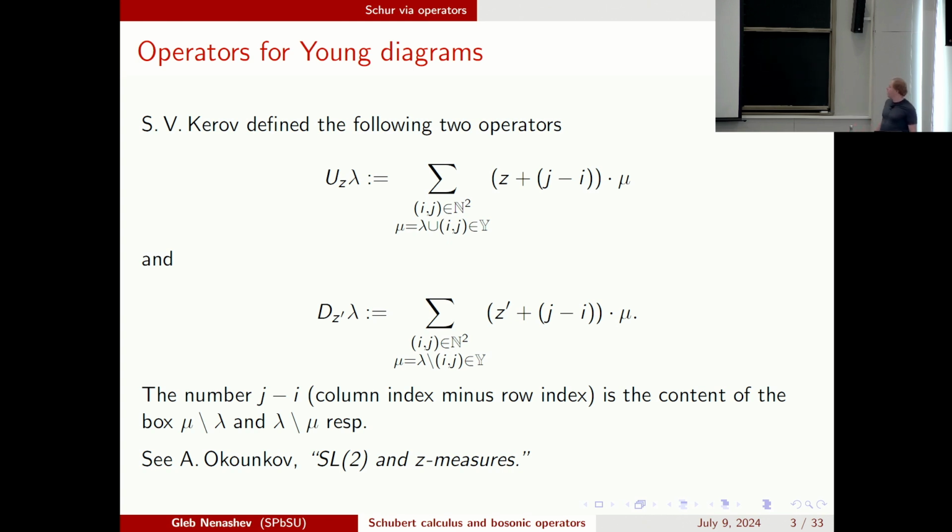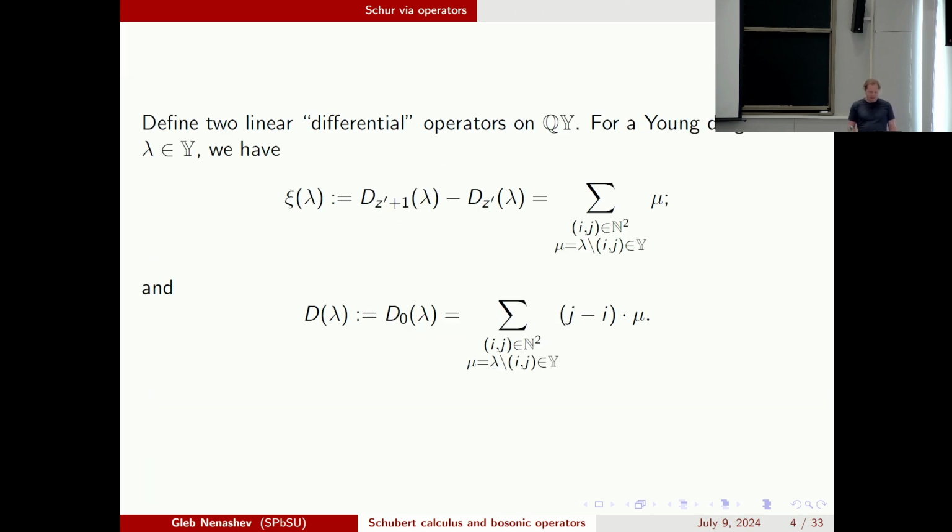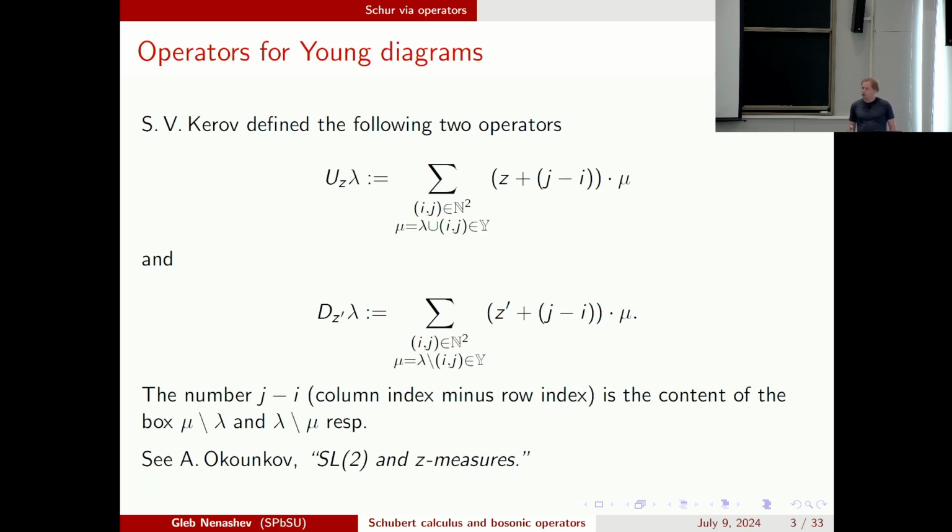J minus I corresponds to column index minus row index, so it's constant. This operator was defined by Kirov, but the first place where you can read this is in Okounkov's paper. Z is just some parameter.